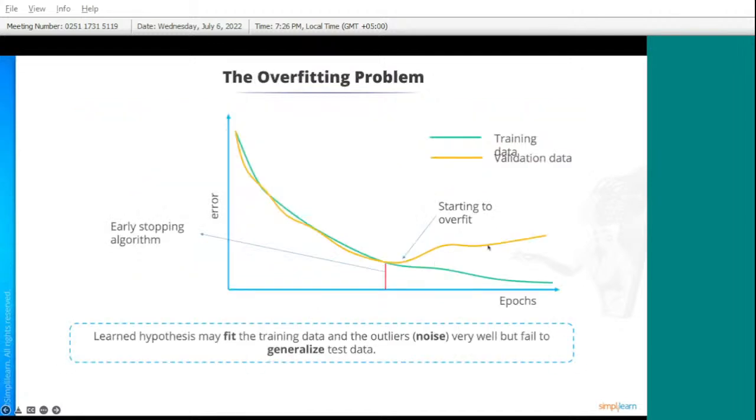And your blue line, which is your validation data, at this point starts to go up. Till the point that they are parallel to each other, it is fine. But at this red point, when you see that the validation error is getting higher while the training error is going down, you know you have found the point where overfitting has started.